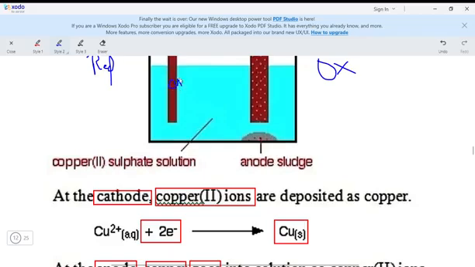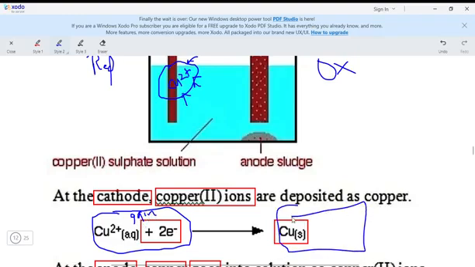It's gaining that copper(II) ion. This arrow shows that it's gaining copper(II) ion. From this reaction, anything that is together on the left shows that there is a gain. But if the 2e minus is written on the other side, it means it's losing it. So at the cathode, there is a gain of electrons by the copper(II) ion that is there.